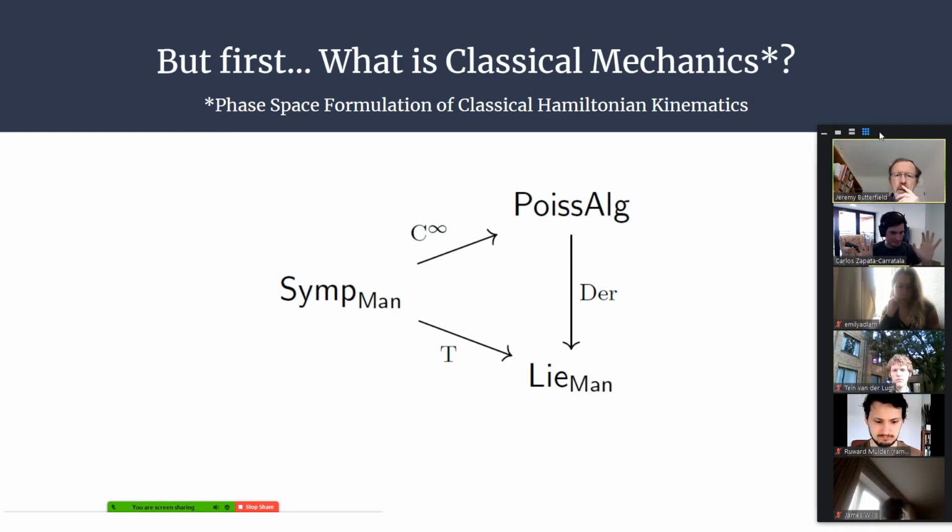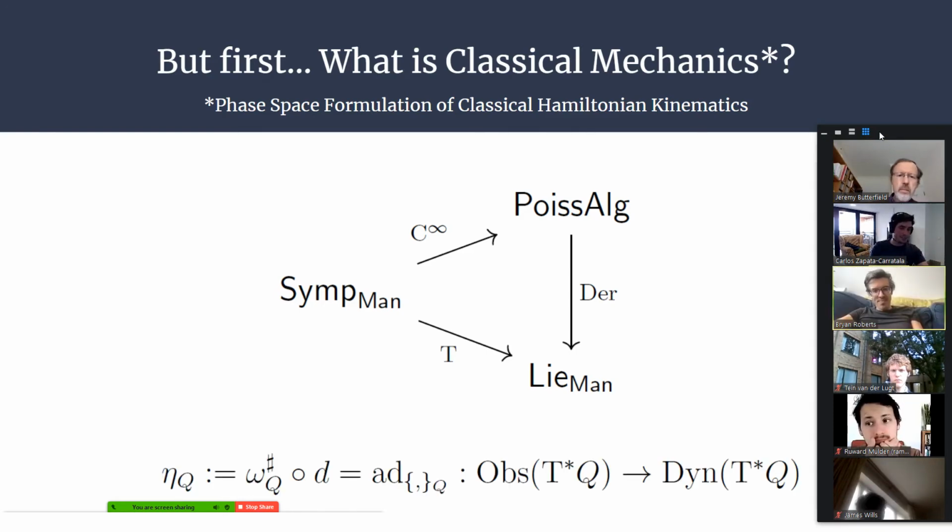Again, functors maybe with caveats, but morally speaking, where we take a symplectic manifold to its Poisson algebra, we take its symplectic manifold to its tangent bundle, and then the derivations of the Poisson algebra are represented as sections of this Lie algebroid. And then, of course, the Hamiltonian map are just the usual Hamiltonian vector field assignments that we're all familiar with. You take a Hamiltonian function on the cotangent bundle, and you get the Hamiltonian vector field. So that's what the Hamiltonian map is doing.